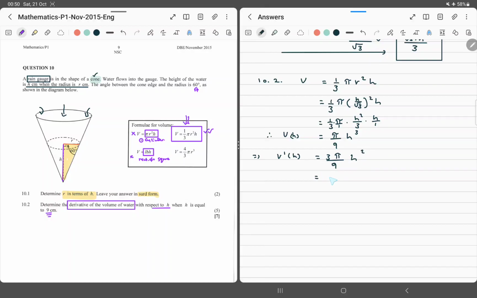This is basically pi over 3 h squared. Now h we are told is 9 centimeters.